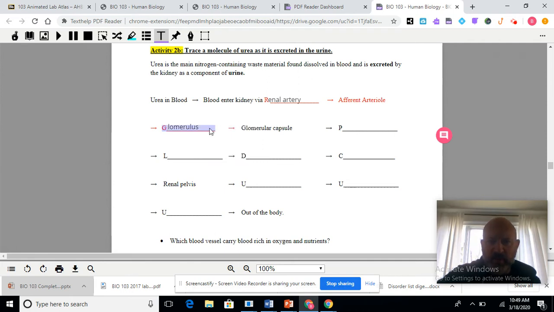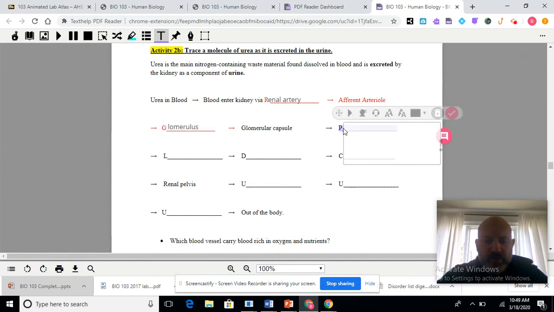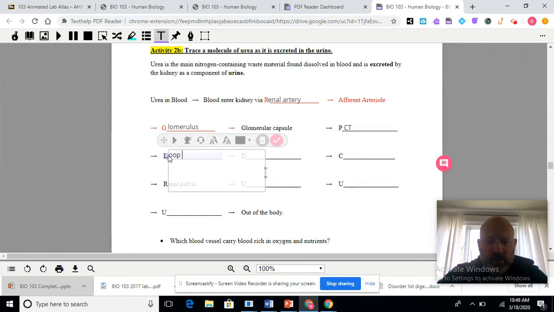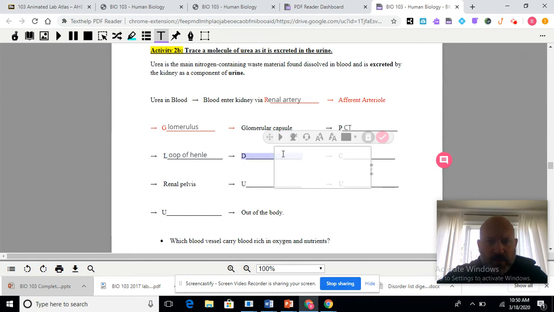So now we're going to be leaving the blood. We're going to enter into the glomerular capsule. We're going to be one of the components of the filtrate. From the glomerular capsule, we're going to drain into the proximal convoluted tubules. And then we're going to be directed down into the loop of Henle. And then from there to the distal convoluted tubules.